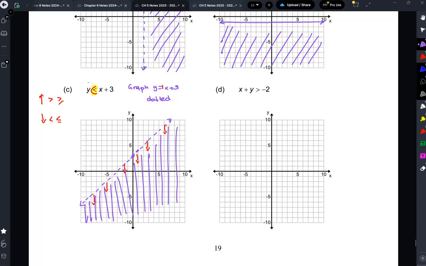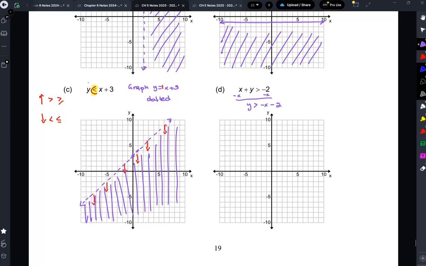Okay? All right. Now for this one, I can't graph this the way it is for part D. I need to first solve it for y. I need to get y alone. So I'm going to do minus x. y is greater than negative x minus 2. This one also has an x and a y, so it's going to be a diagonal line.